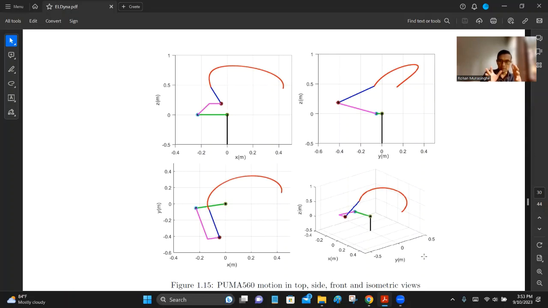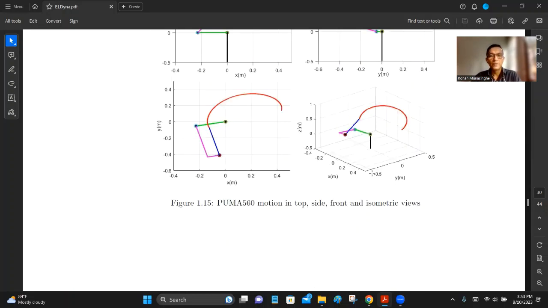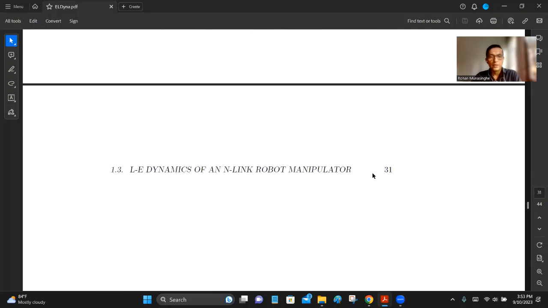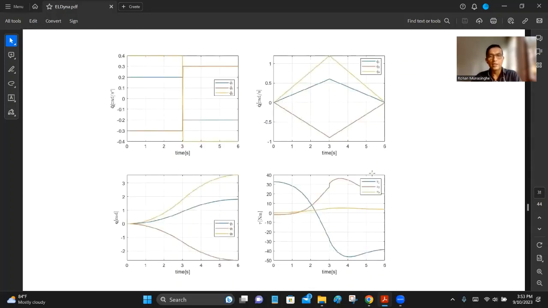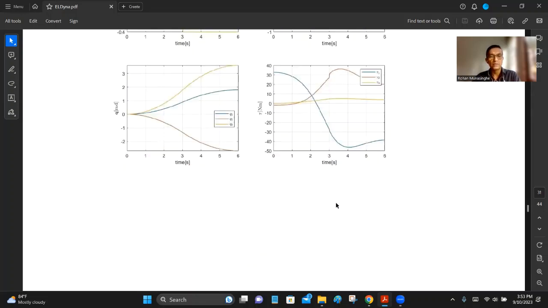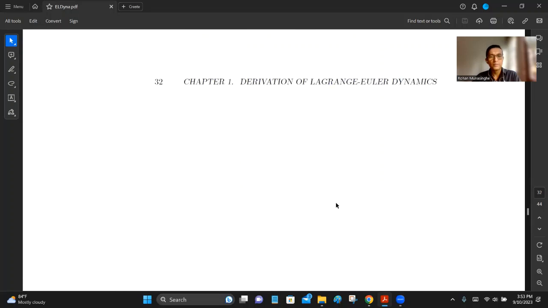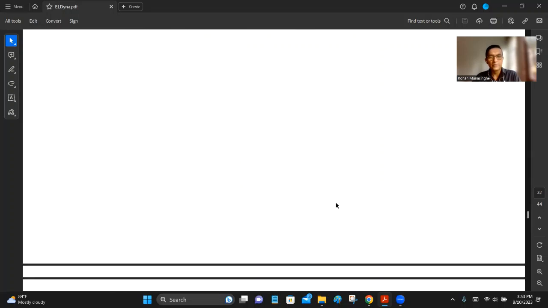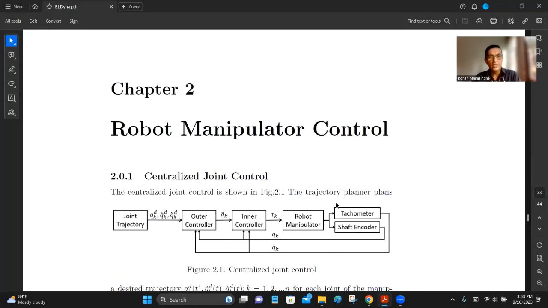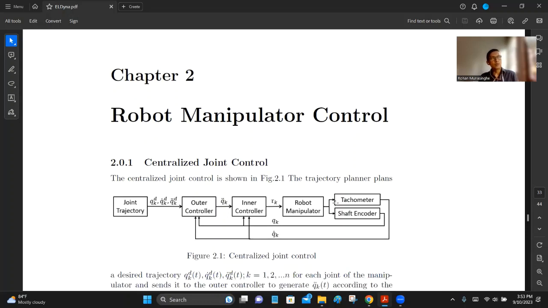You look at it from an angle, right? At an angle, so you'll see this one. And then these are the other graphs: acceleration, velocity, position, and torque. Right. Fine. So that is the dynamic model building and simulation.